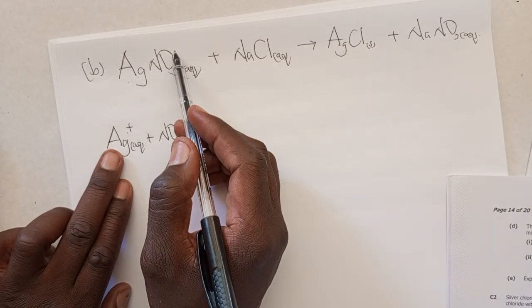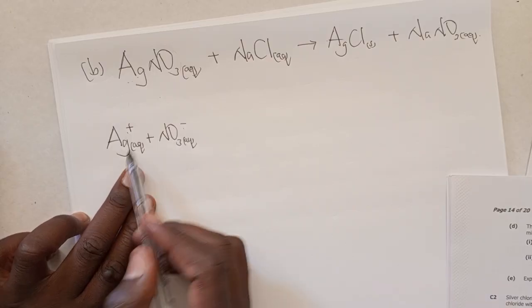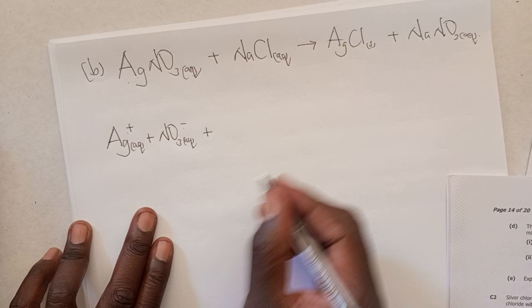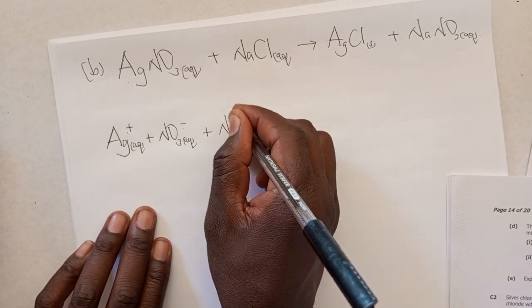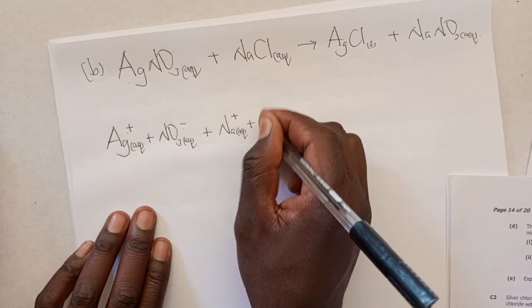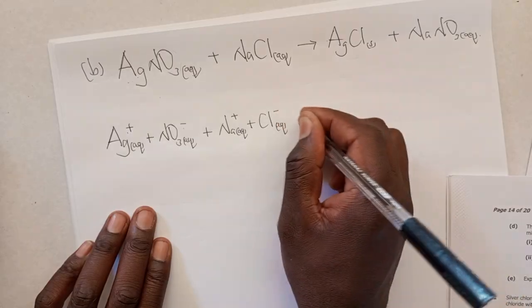The one on the second side will always carry a negative. That's what you need to know. This will help you a lot. Plus, we break this one, we separate the ions. We have the sodium ion, which has a plus charge, in aqueous state, plus the chloride ion, which has a negative charge, in aqueous state.